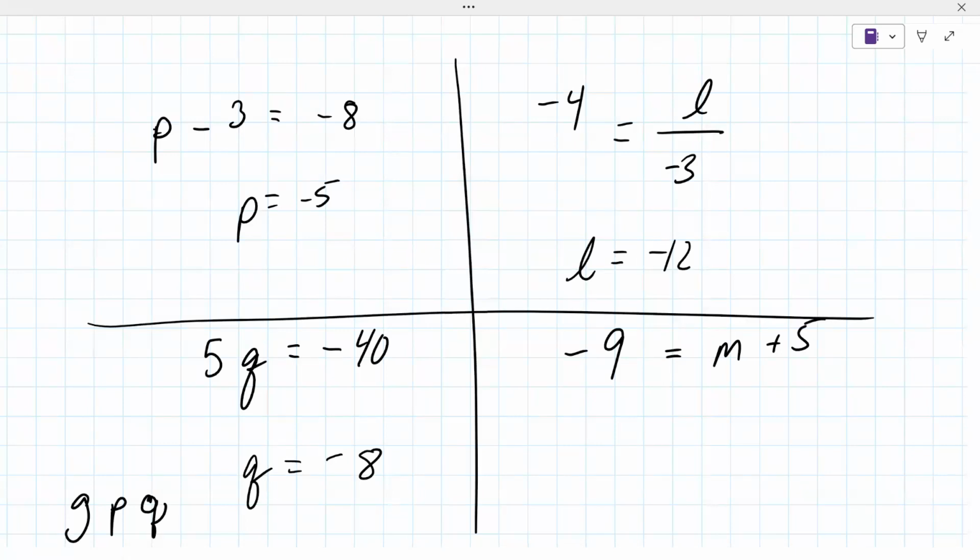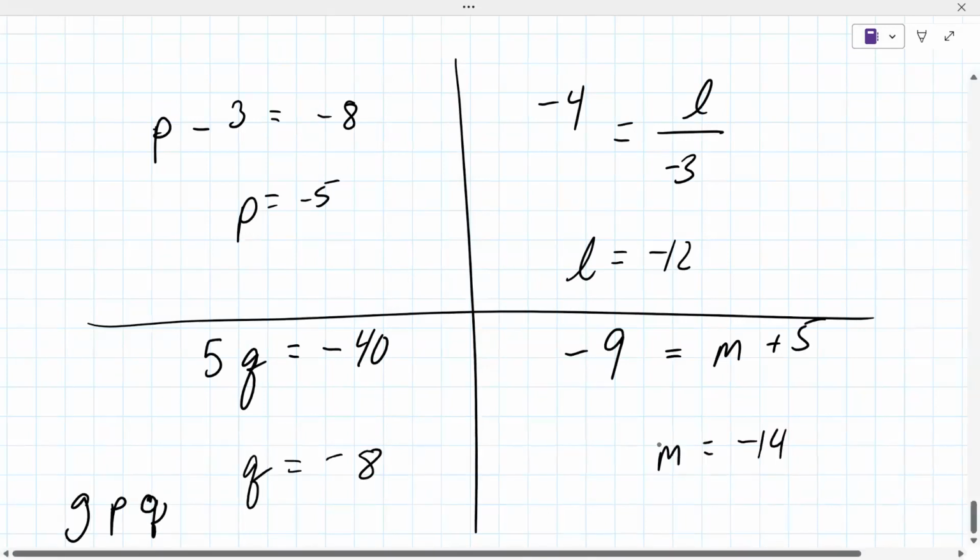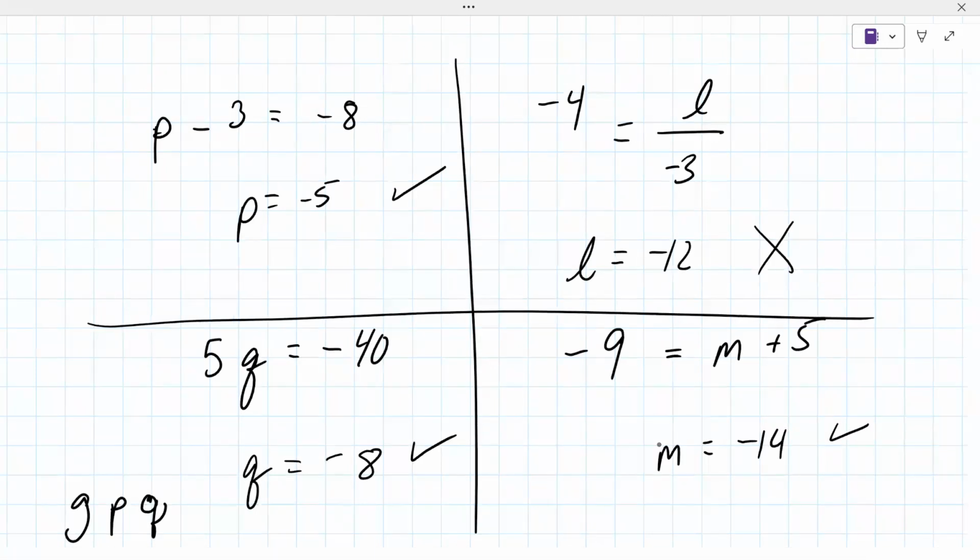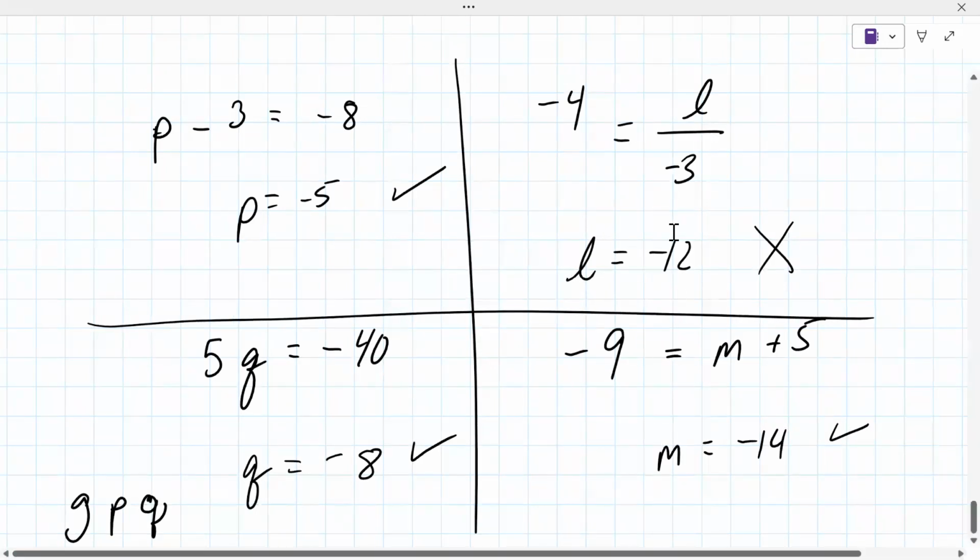-8 and plus 5, minus 5, minus 5. 2m equals -14. All right, correct, not correct. There's something wrong with this answer here.